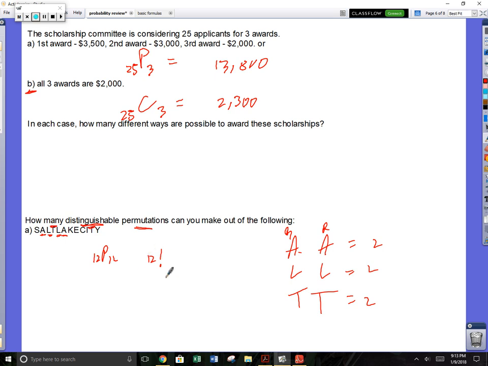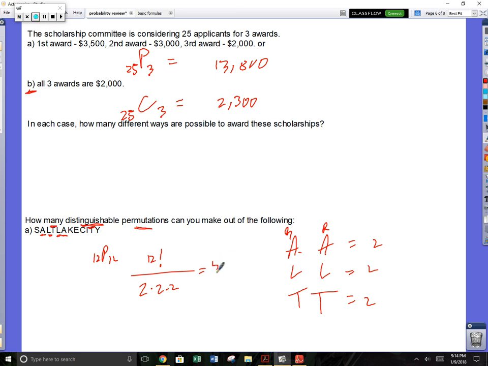So I'm going to take all these permutations and divide by 2 times 2 times 2. I'm going to divide it by each of these doubles. So 12 factorial divided by 8. And there are still going to be a bunch.